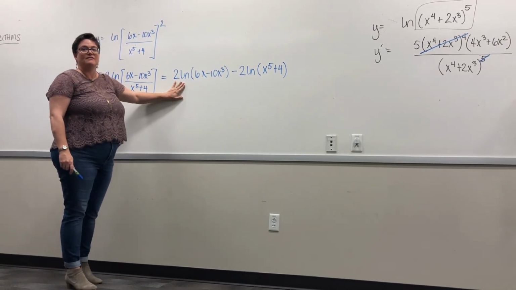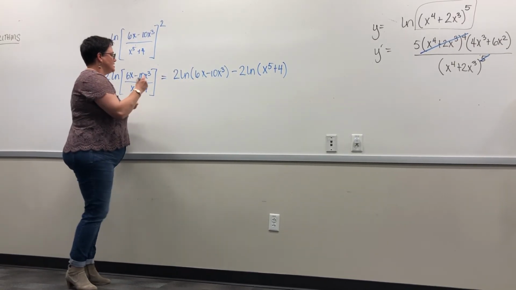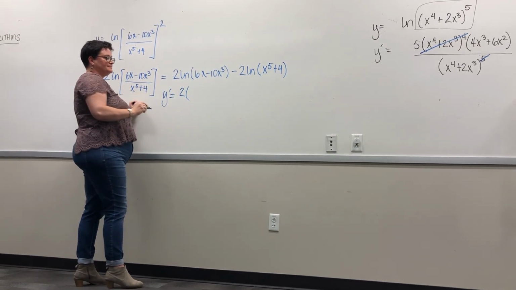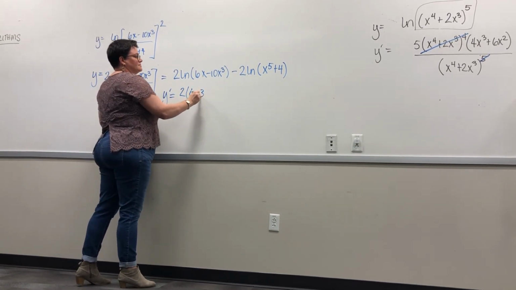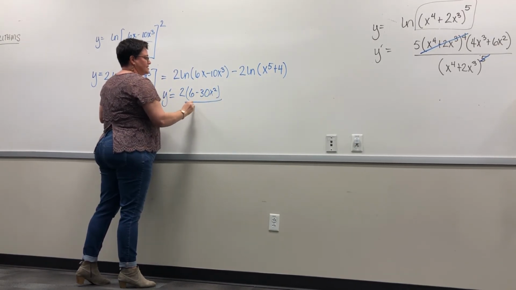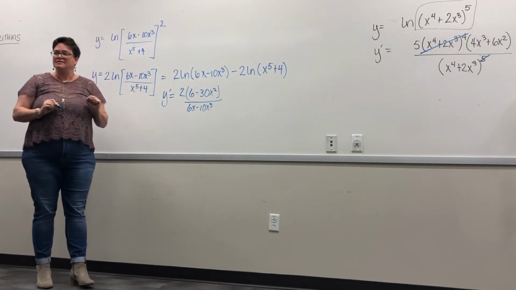Now we're ready for the derivative. We have some simple natural log of u. Let's do it. Y prime equals what? 2 times 6 minus 30x squared over 6x minus 10x cubed, right? That's the first one.